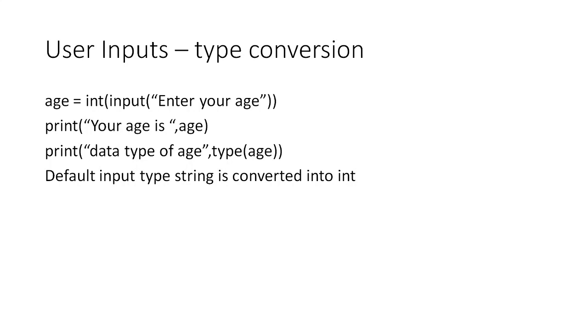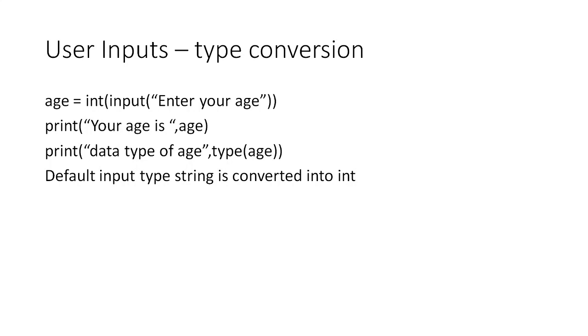Then if you check the data type of age, it will print int. Similarly, you can convert into a float, or into a string. Many formats you can convert, which are corresponding or compatible data types.